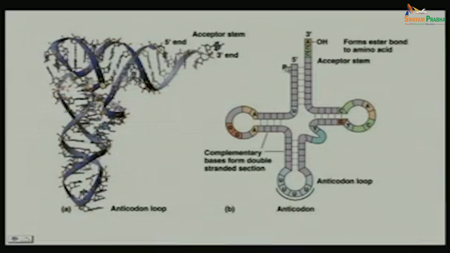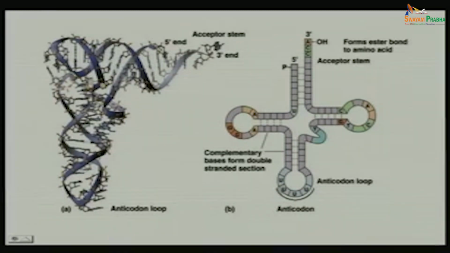I have also told you that it has loops: one is the D arm, another is the T arm, and another is the anticodon arm, which is the 5 base pair stem.